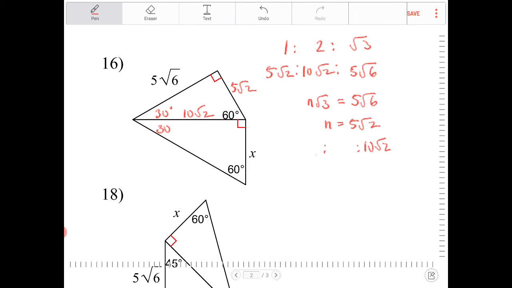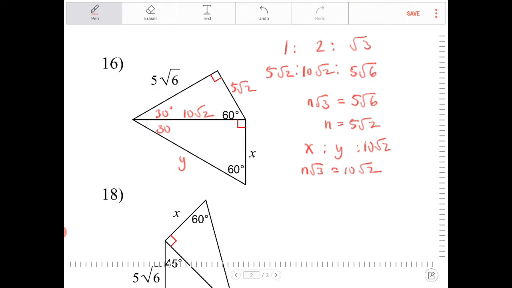And again, I need to figure out x, and I want to call this side over here y. Again, I'm going to accomplish this in the same way. What am I multiplying radical 3 by to get 10 radical 2?